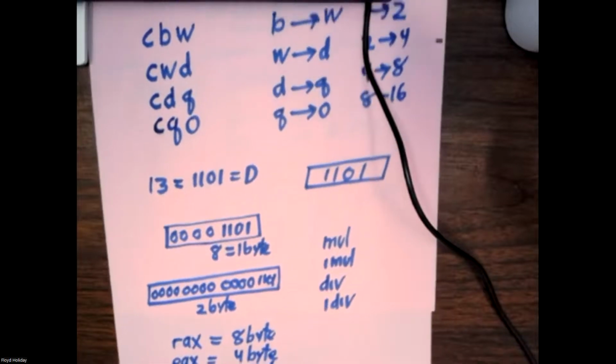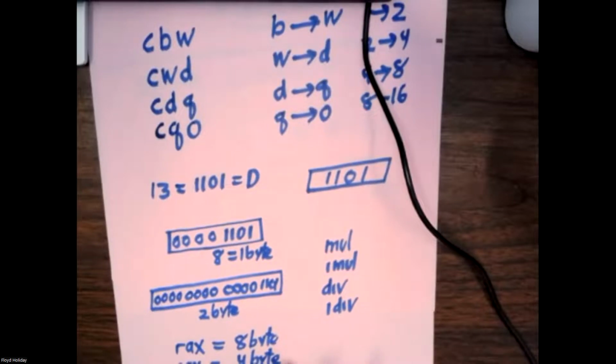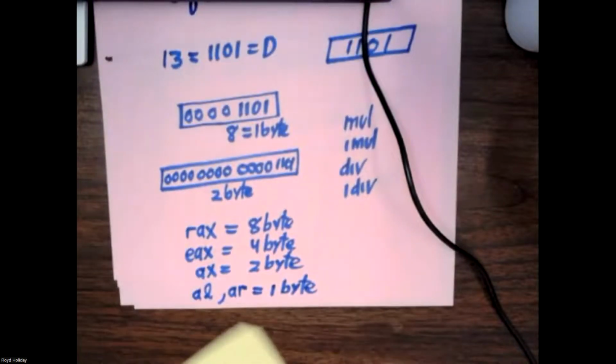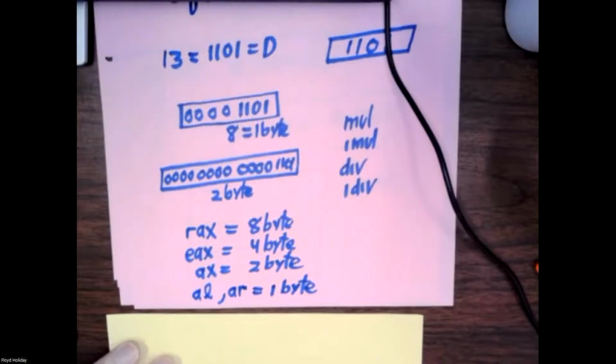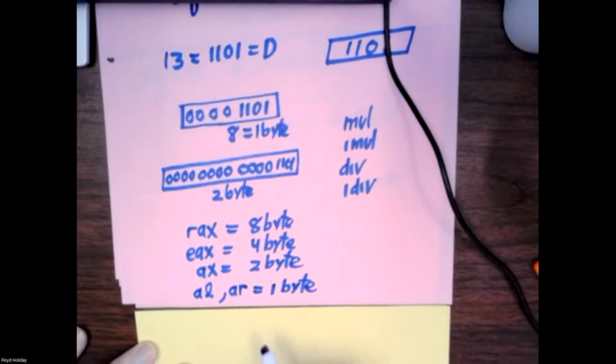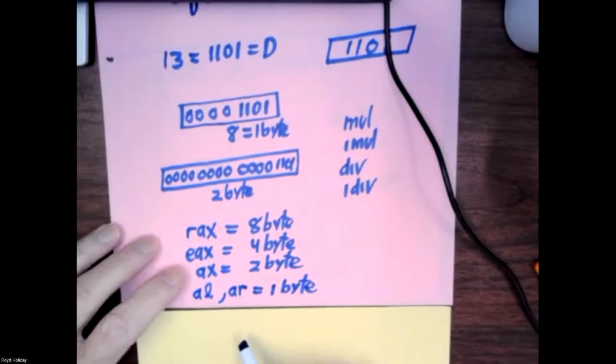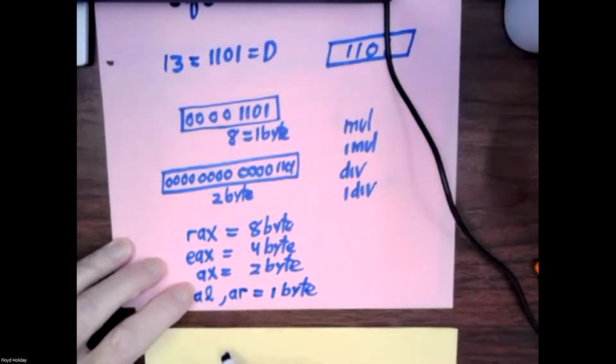Okay, so if you had a number in, let's do it here. None of this will make any meaningful sense to a math major, but to computer science, it's sometimes important. Okay, so let's say we have a number in AX.